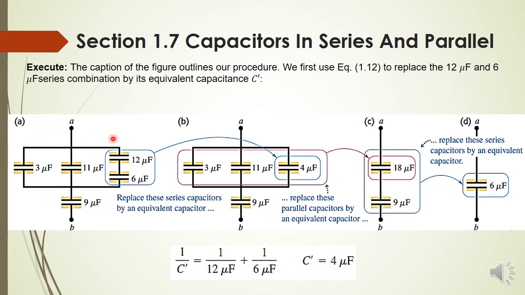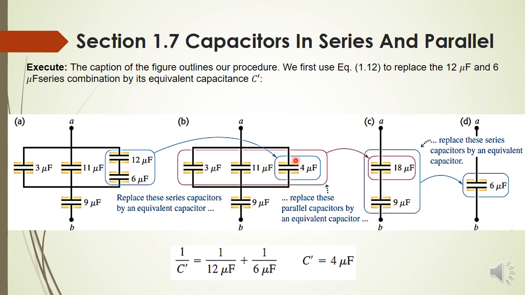So from this original network, we can get another form of the network. And we will be left with 3 microfarad, 11 microfarad, and the new 4 microfarad. Okay, don't be confused in this because 4 microfarad is just a combination of these two capacitors connected in series.